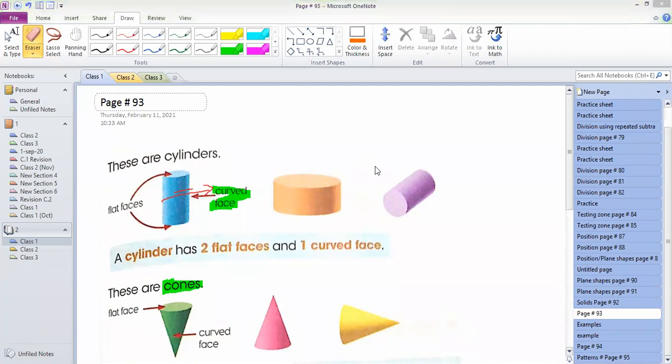If we talk about the vertices of a cylinder, there are no vertices in a cylinder. And if we talk about the edges, there are two edges in a cylinder, on the top and on the bottom. Three faces in a cylinder, two edges and no vertices.